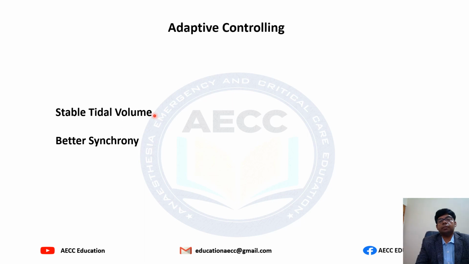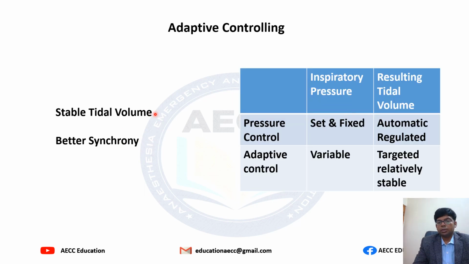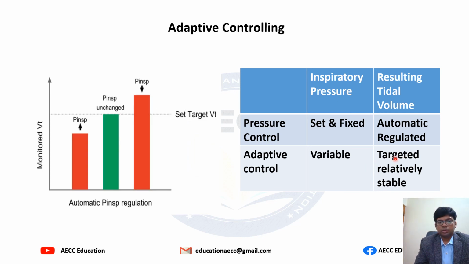So in the adaptive control, the inspiratory pressure is variable to achieve the targeted, relatively stable tidal volume. You can understand it by this diagram.